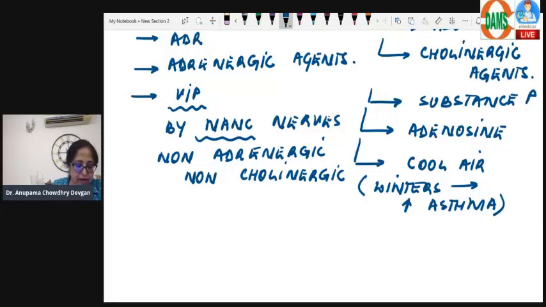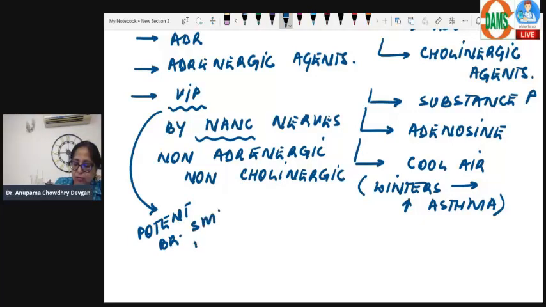VIP, which is secreted by NANC nerves, is a potent bronchial smooth muscle relaxant.